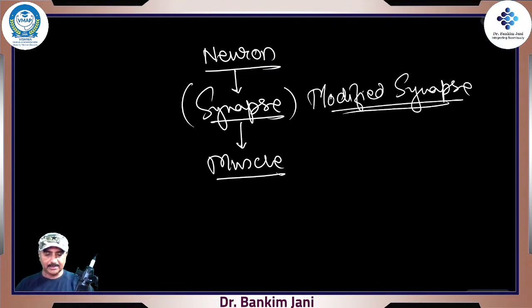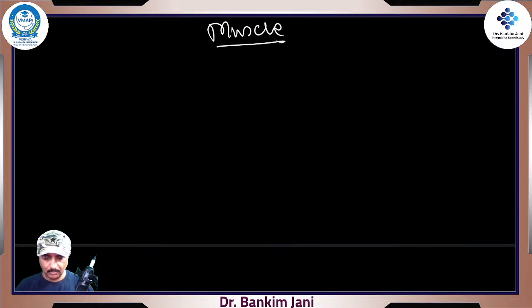Now, one method is that we straight away go ahead and say this is what really happens. Instead, what I thought is, let's look at the bigger picture and then keep zooming in, so that immediately we'll know that this synapse does not work only on skeletal muscle.